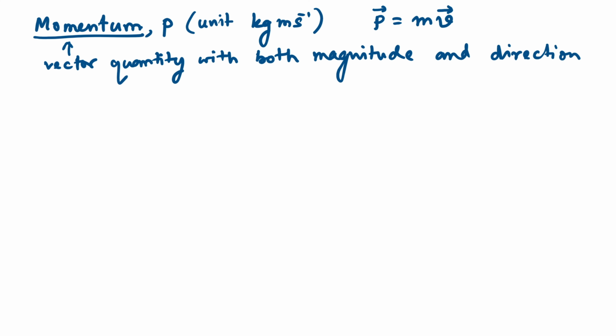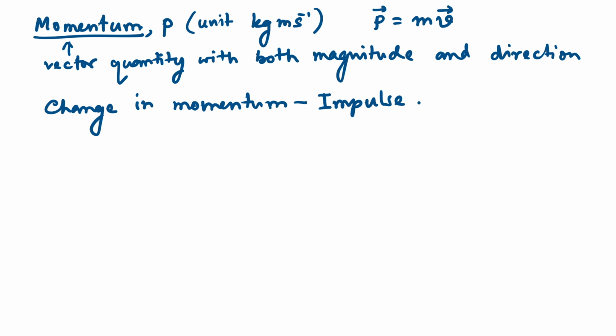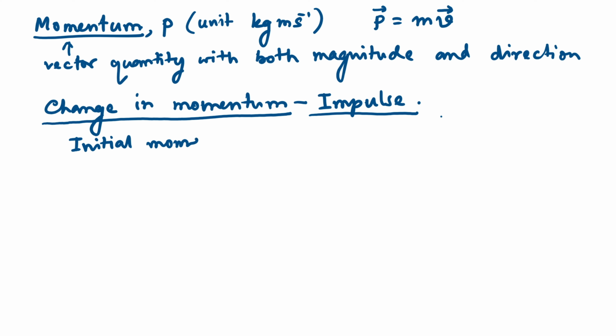Okay, what do we have to do with momentum? Now, something that we have to analyze in level 3 physics is change in momentum. And often it's called impulse. So impulse is basically change in momentum. And if you have an object with initial momentum, so let's say we have something which has an initial momentum because of its mass and velocity.